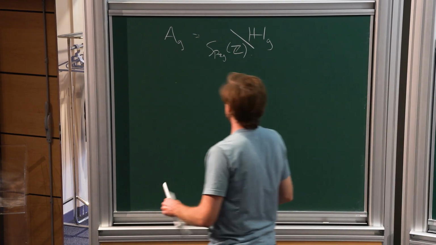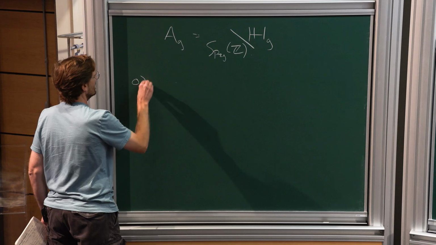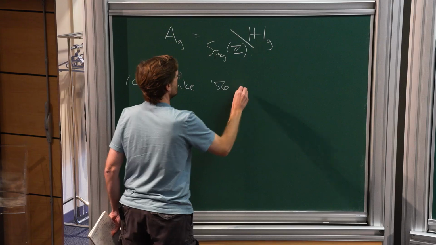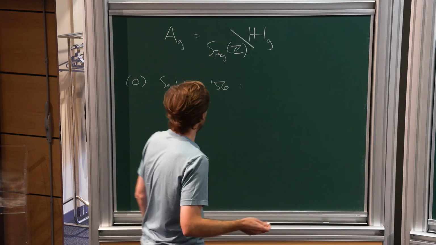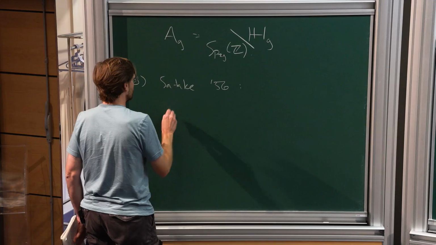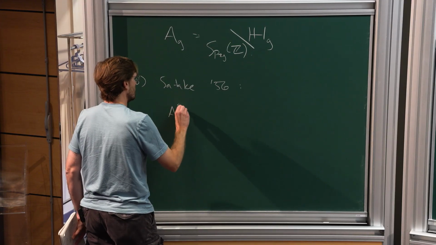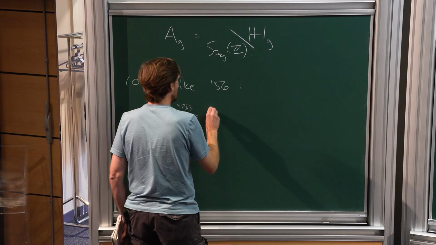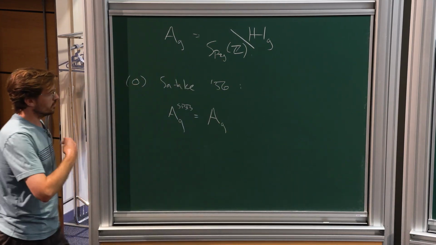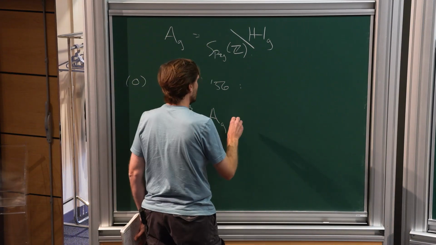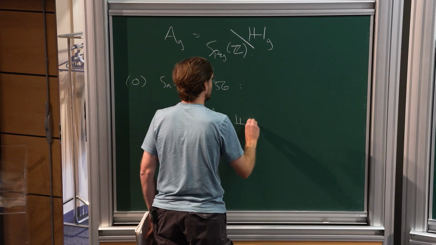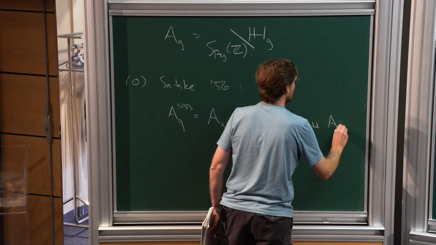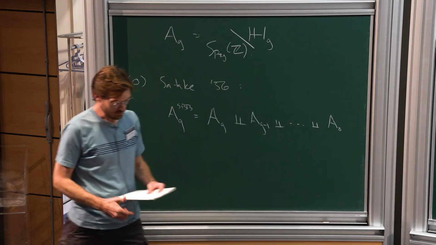The first result in this direction is due to Satake in '56, who introduced a topological compactification of this space, which I'll call A_g^SBB. The underlying set is just A_g together with the union of all smaller dimensional A_g's, starting with A_{g-1}, then all the way down to the modular curve, and then A_0, which is just a point.